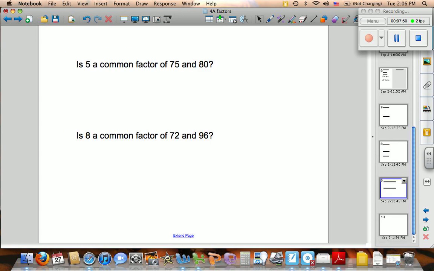So here are a couple more problems I'd like you to look at. Is 5 a common factor of 75 and 80? And is 8 a common factor of 72 and 96? So what you want to do here is figure out first, is 5 a factor at all of 75? Think about that for just a moment.